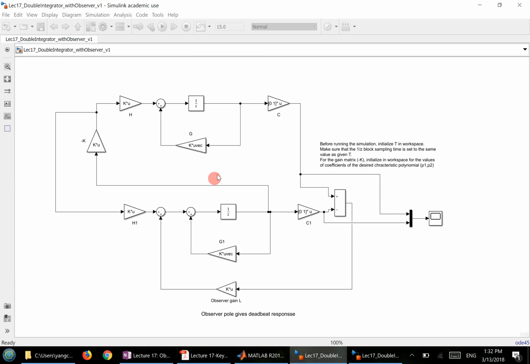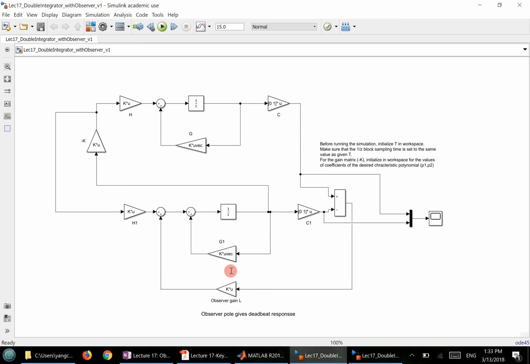Let me explain. The top portion is our system, the original system GH, and the bottom portion is the observer. The K times the estimation is here, and the observer gain is L over here.